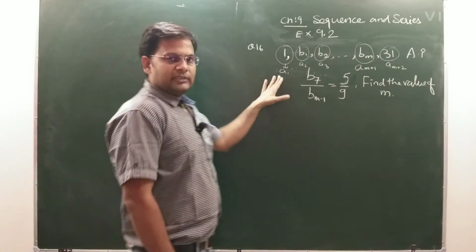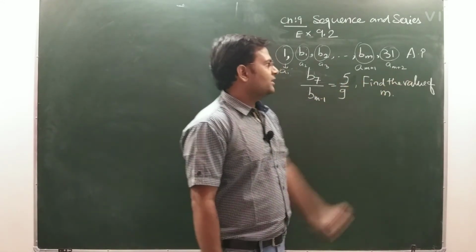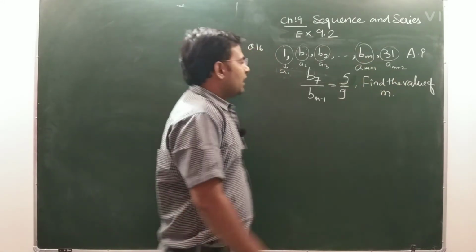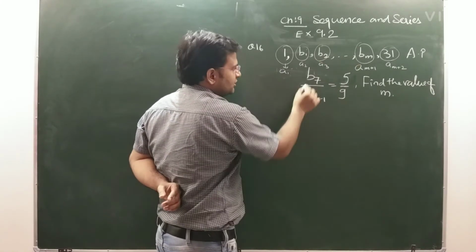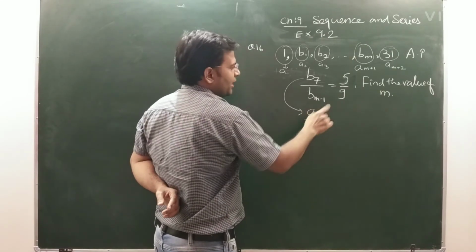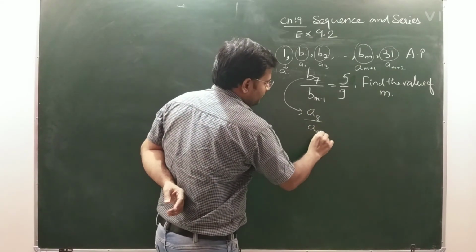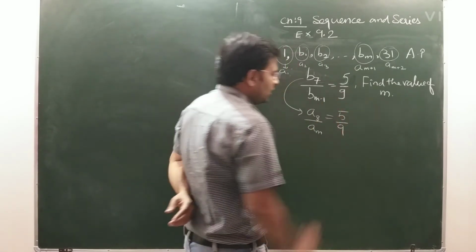Now in this we have the first term as 1 and a(m+2) as 31. And b7, according to the terms, is actually your a8, and b(m-1) is your am, and the ratio is given to you as 5/9.